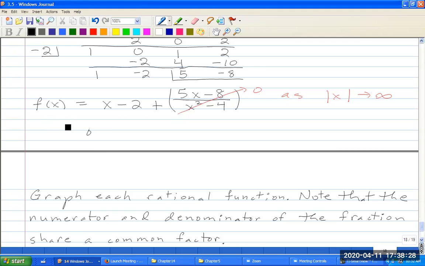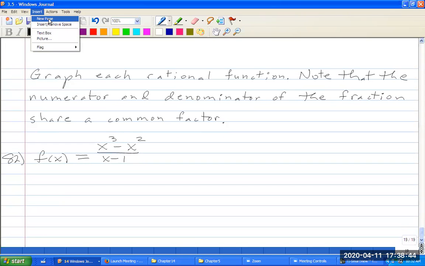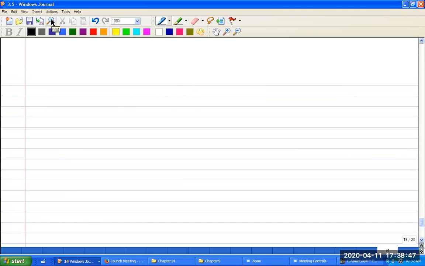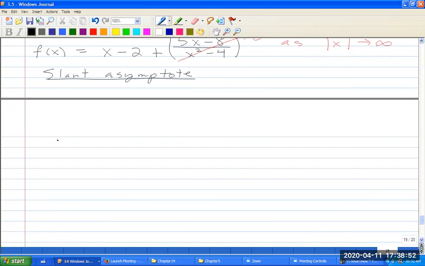I think they called it a slant asymptote, is just going to be y equals x minus 2. It's that first part, since the latter part becomes negligible for large x.